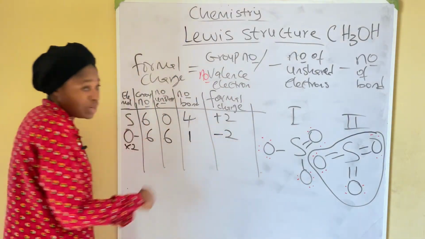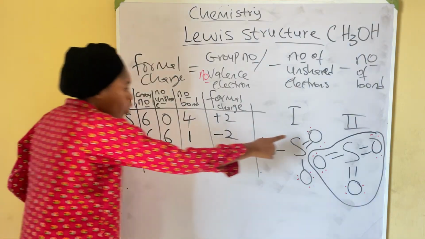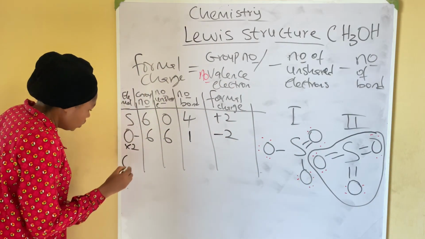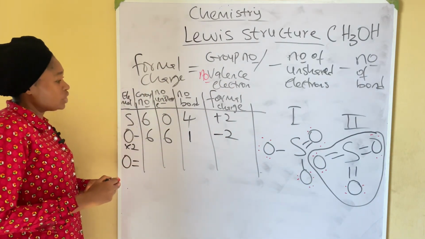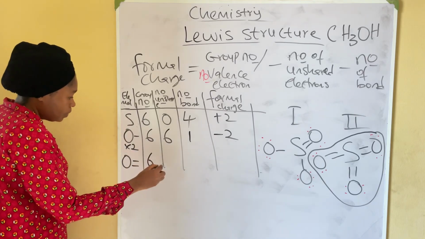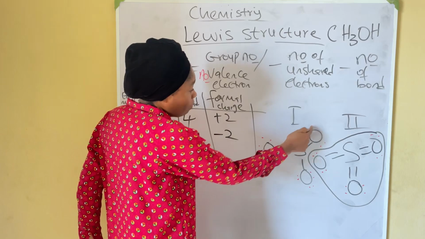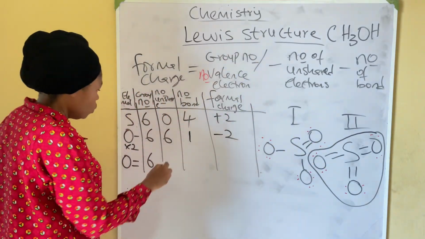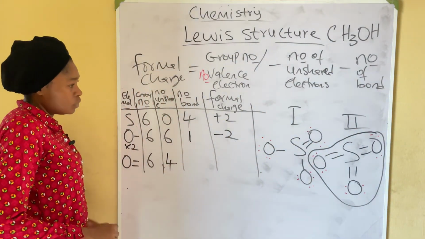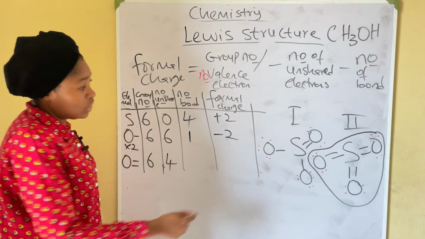Instead of doing them separately, let me do the oxygen with the double bond. What's the group number for oxygen? 6. Number of unshared electrons. How many do I have here? 1, 2, 3, 4. So it's 4. What's the number of bonds? It has only 2.